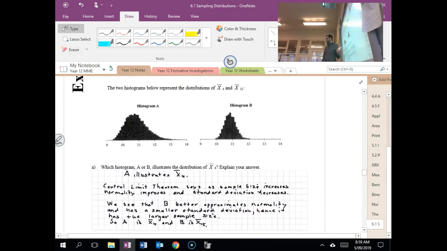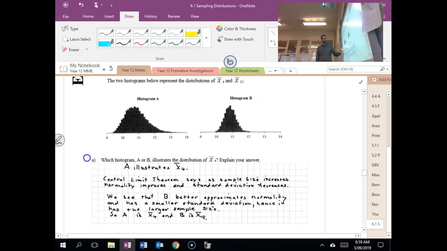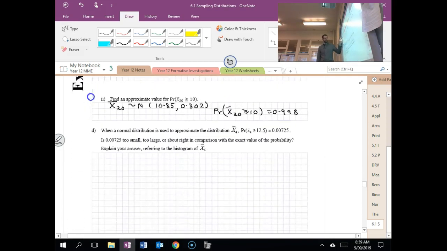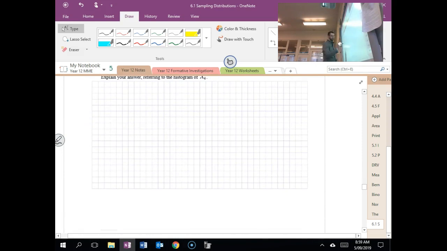This is the histogram of x bar 4. Notice it has a lot of area under this tail. It's skewed. So if I draw a normal distribution, it looks like that. It's symmetrical on both sides, but this is our normal.